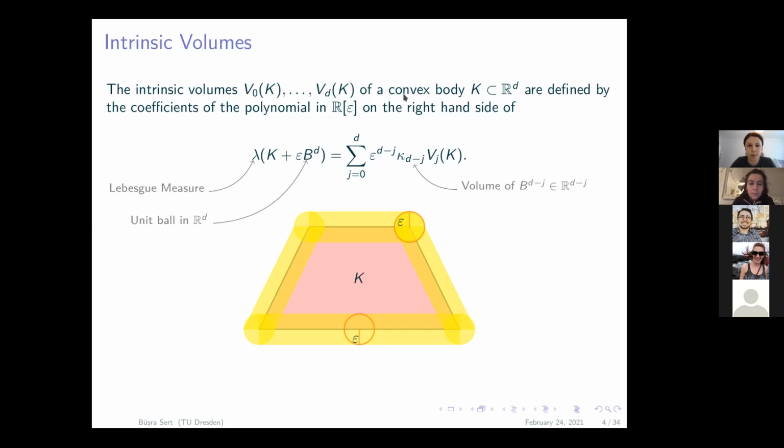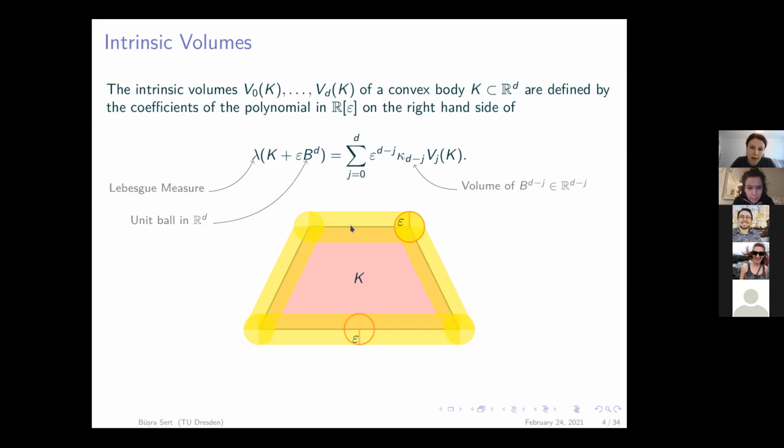For a convex body, intrinsic volumes are defined as coefficients of the polynomial on the right-hand side. Here, lambda is Lebesgue measure, B^d is the unit ball in R^d, and kappa_{d-j} is the volume of the (d-j)-dimensional unit ball in R^{d-j}. What we do here is take epsilon balls and take the Minkowski sum of our convex body with the epsilon balls.